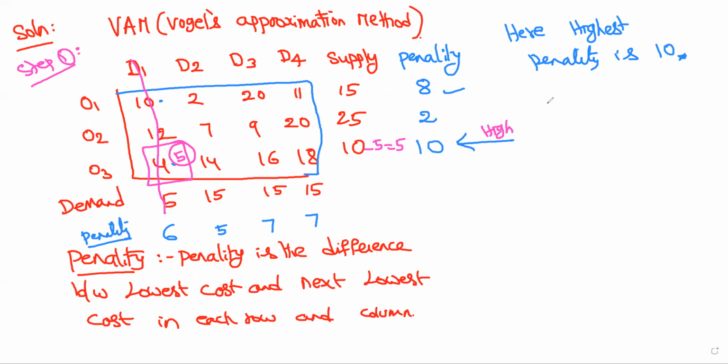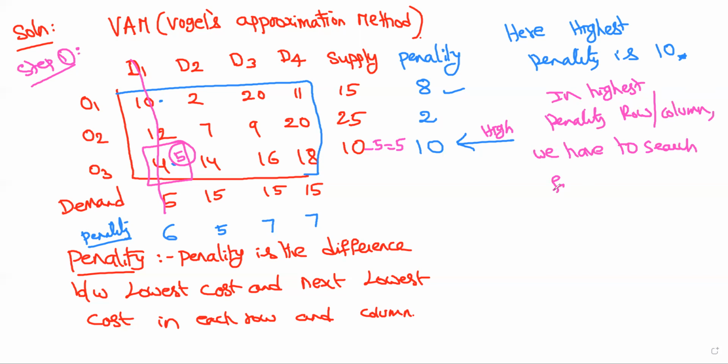In the highest penalty row or column, we have to search for the least element, the least cost. For that we use the preference. So I gave the preference. Now we have to move to step 2.